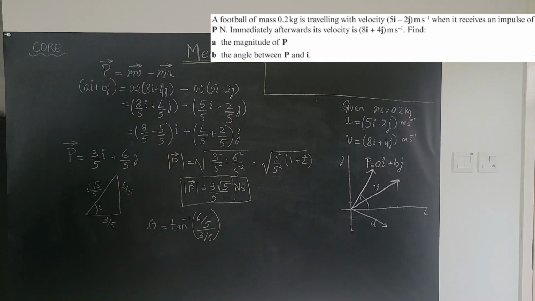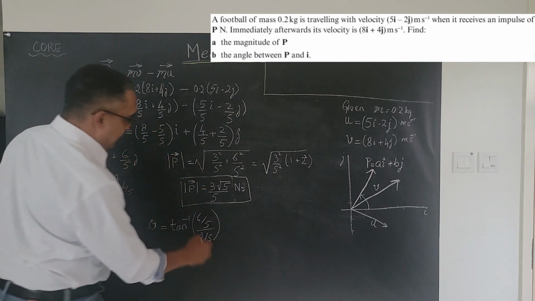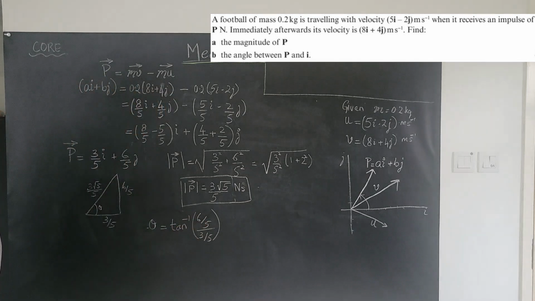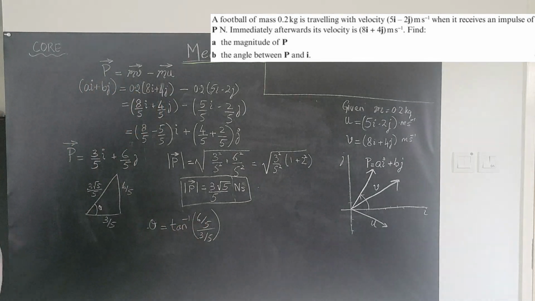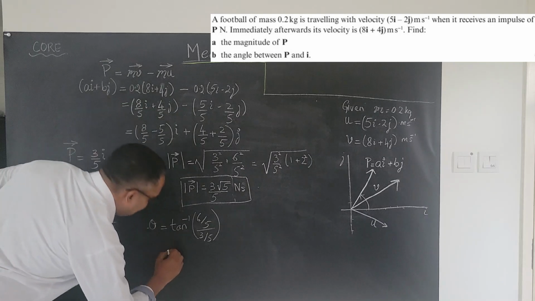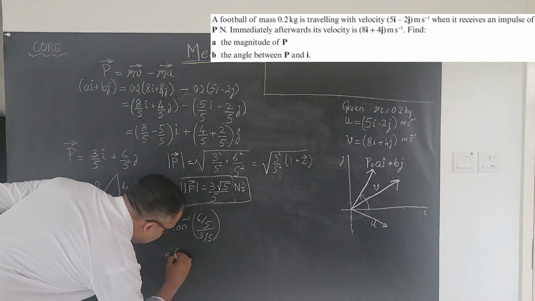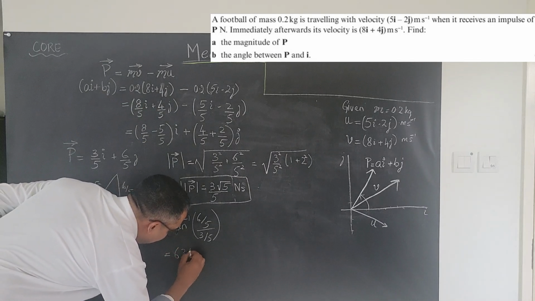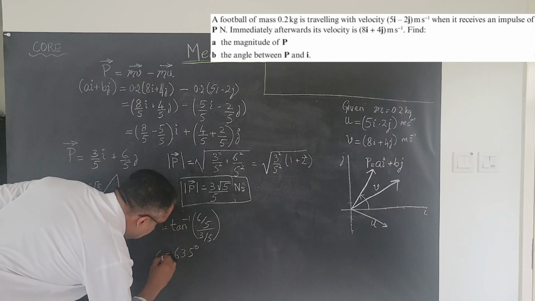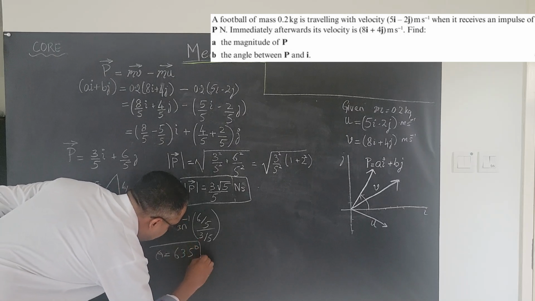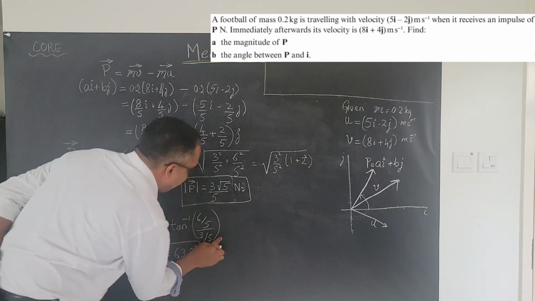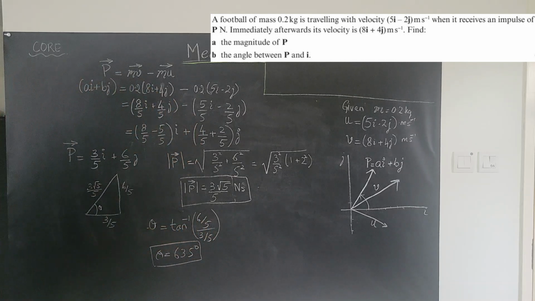If you work the math, again, this is nothing but inverse tangent of 2. You should be able to get your answer. And I think this would be about 63.5 degrees or to that effect, right? If you have this much written, revalidate, make sure your calculations are right.